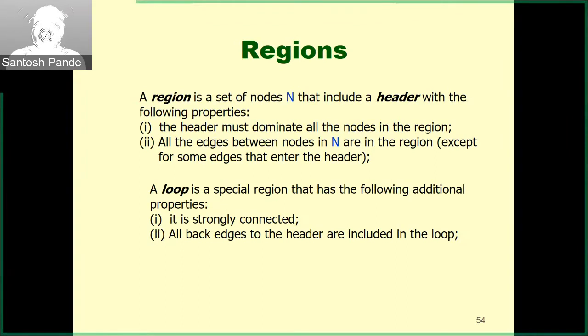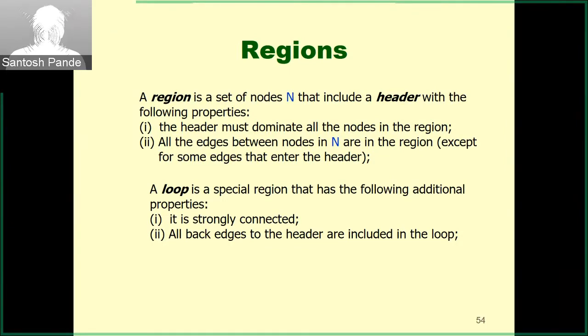What is a strongly connected component of a graph? In the directed sense, if we pick any two nodes in it in an ordered pair, A and B, we'll always be able to go from A to B by following directed edges. So that is the strongly connected component. And obviously, our loop is a strongly connected component.